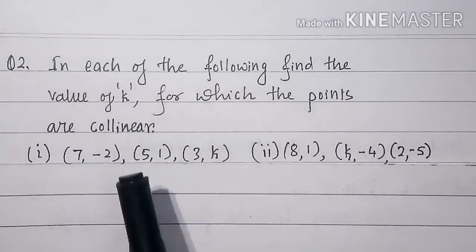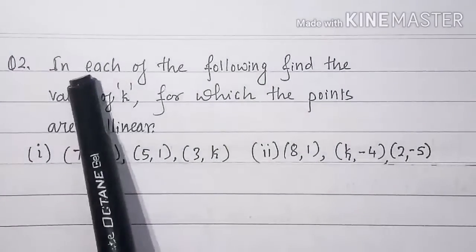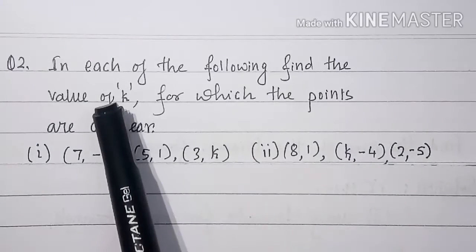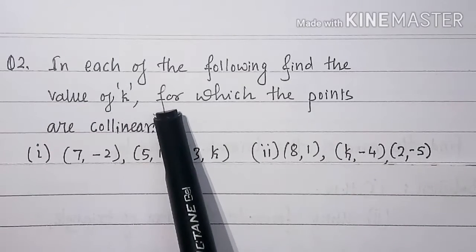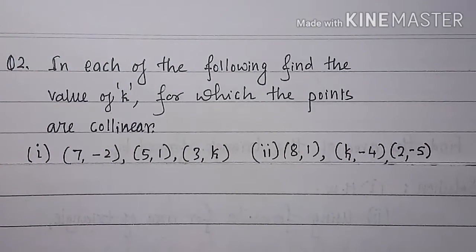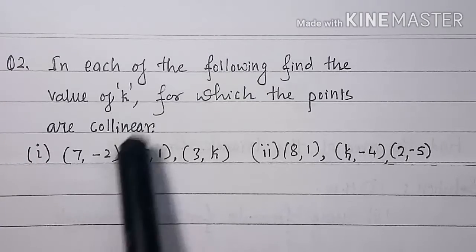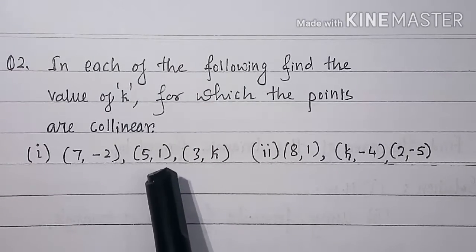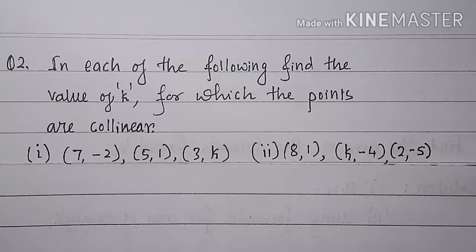Now we will take question number 2. In each of the following, find the value of k for which the points are collinear. This question is actually based on the discussion that we made just now.